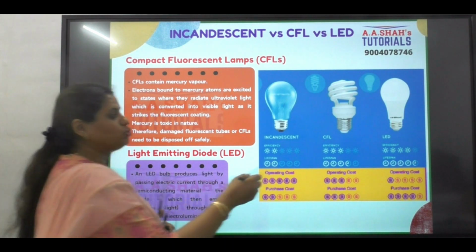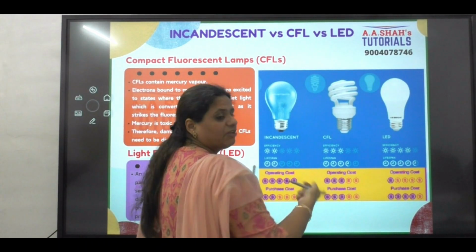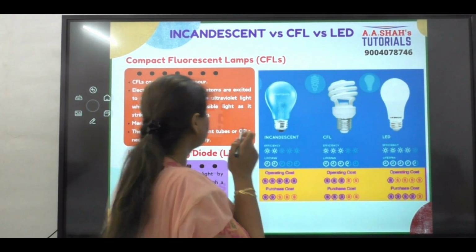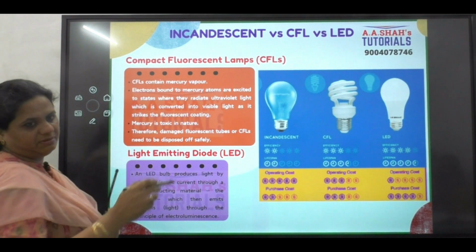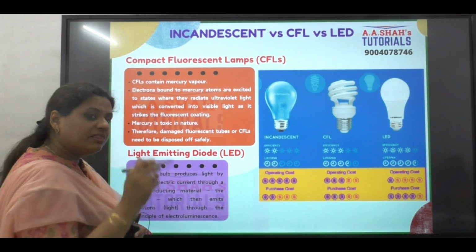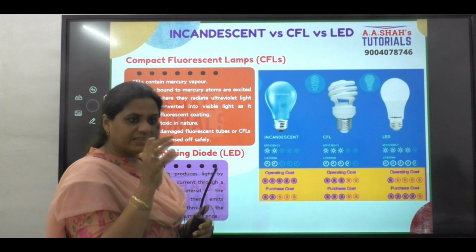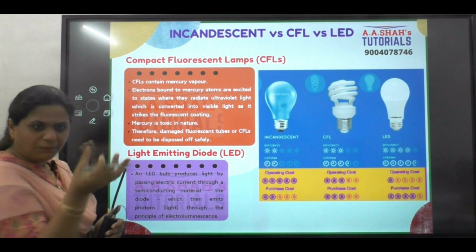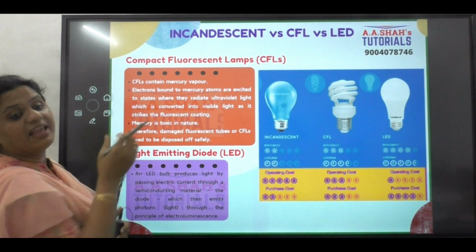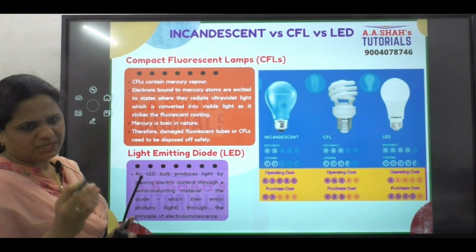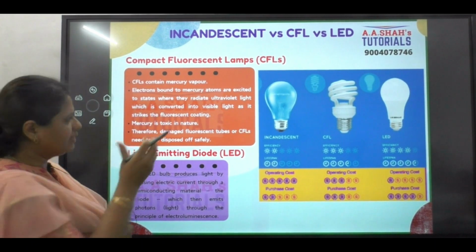One thing you should know about CFL, which is better than CFL is LED. CFL is a compact fluorescent lamp. Inside it, what is filled is mercury vapors, a liquid in gaseous form.